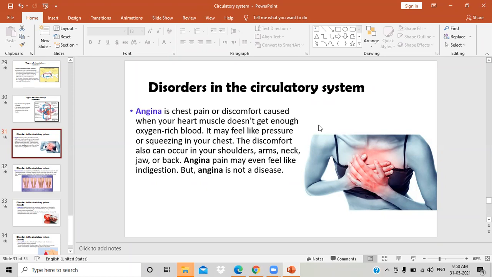This fat starts to block their blood vessels, causing the blood supply to the heart to be really little, so not enough oxygenated blood is reaching the heart muscle itself. And this is what causes angina.